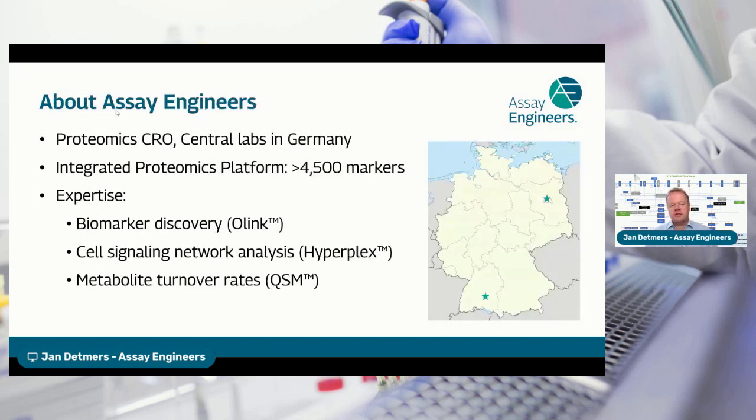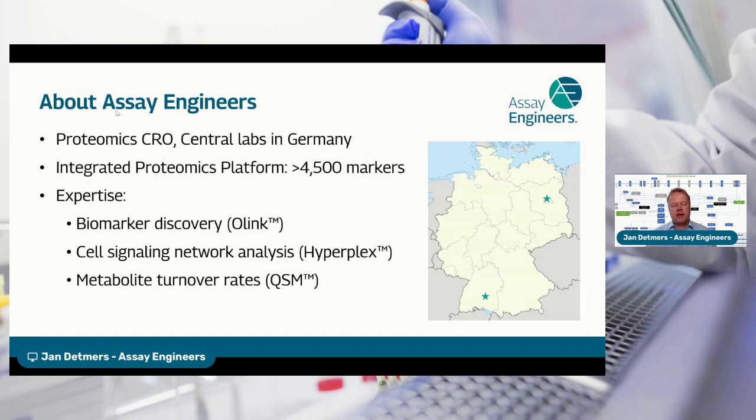So, Assay Engineers is a Europe-based CRO. We are a CRO and we operate in Germany. We have created an integrated proteomics platform, meaning that we have integrated Olink, that's for circulating biomarkers, which we use for discovery. And then there's a blind spot on the proteomics side where we use Hyperplex, an assay which is specifically designed for phosphoproteomic analysis, targeted phosphoproteomics.